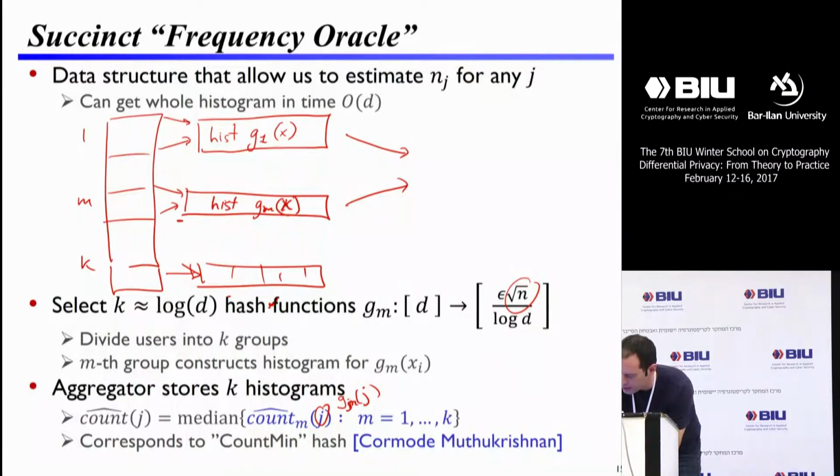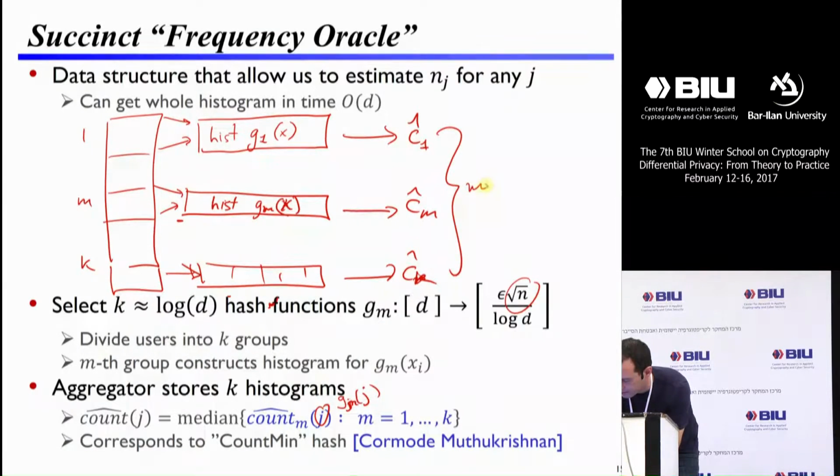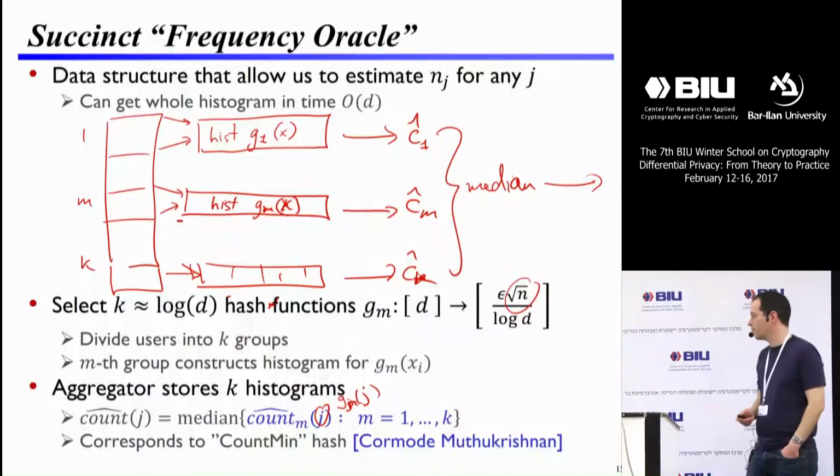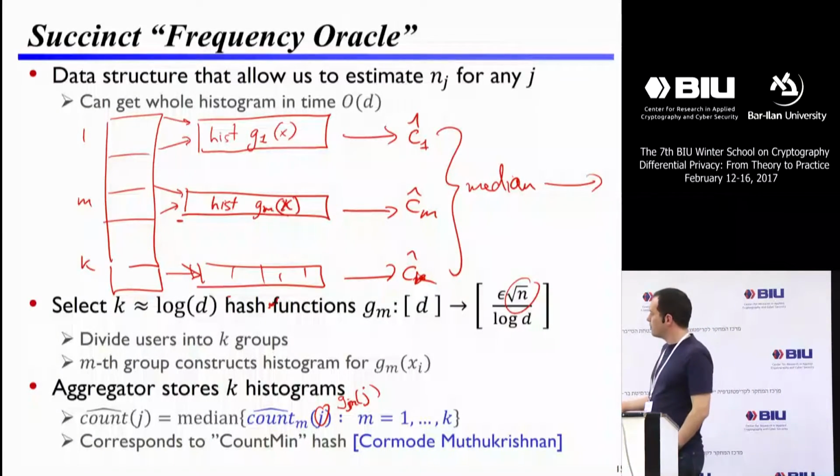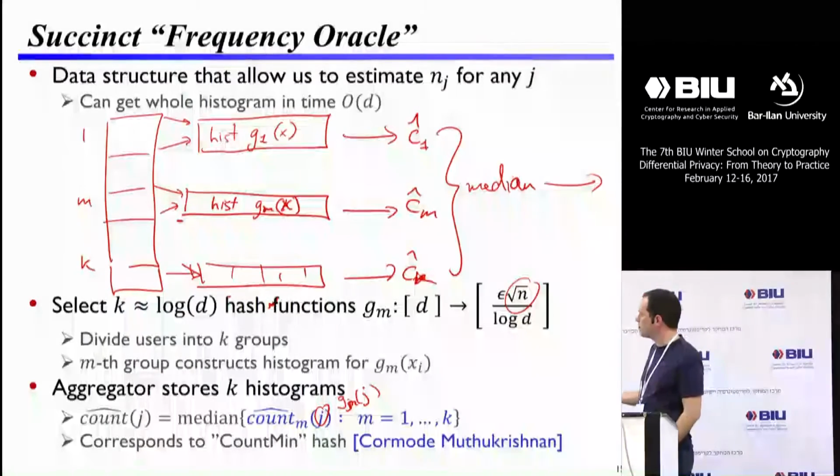Each of these will give me some estimated count for bin J. We'll call these estimates C hat 1 through C hat K. And then we'll take the median of these estimates, and that's going to be our output, our estimate for the frequency of item J, the count of item J. In the normal streaming setting, these are exact histograms, and you take the minimum, not the median.